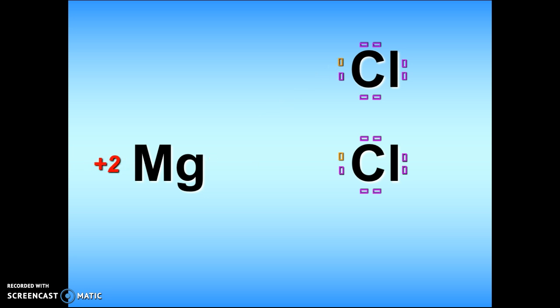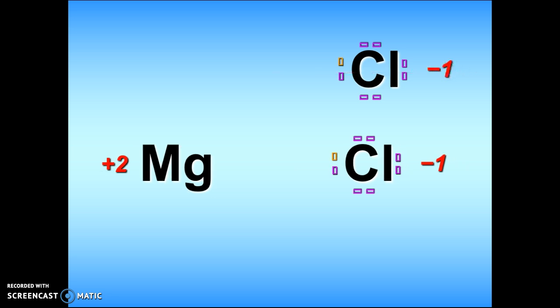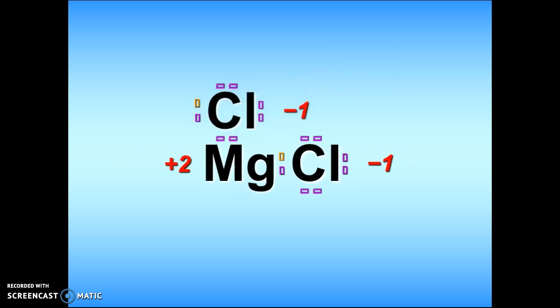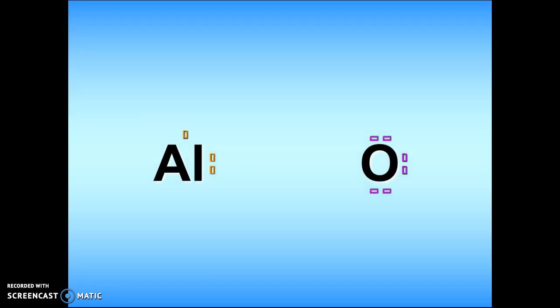A bond forms when magnesium has a positive 2 charge. The 2 chlorines each have negative 1, and we end up with a balanced compound of magnesium chloride, two chlorines to the one magnesium.